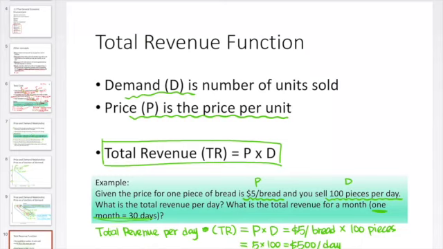So if you know like your revenue is $500 per day, for 30 days, how much is it? Just use the 500 per day times 30 days. So it's gonna be $15,000 per month.